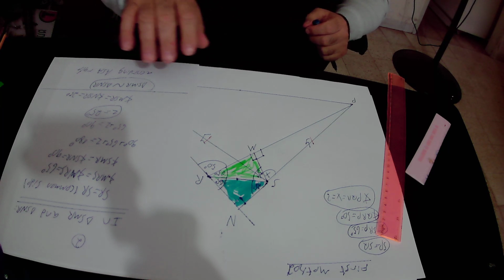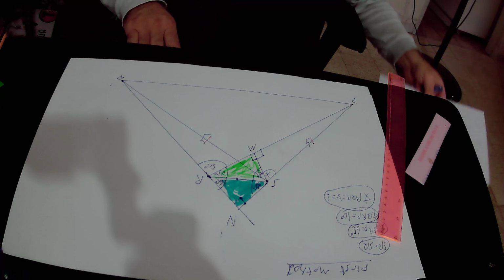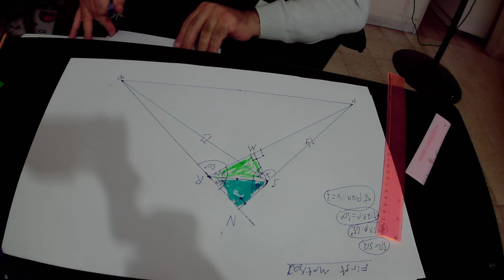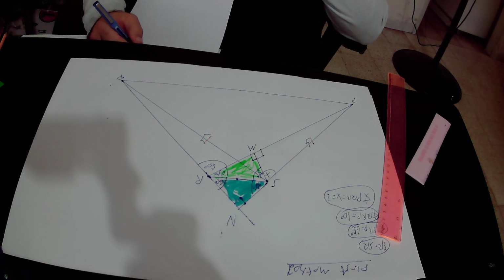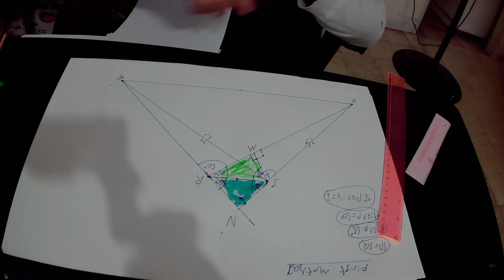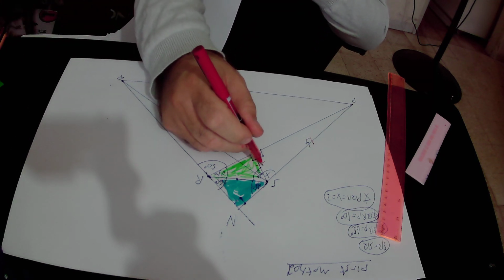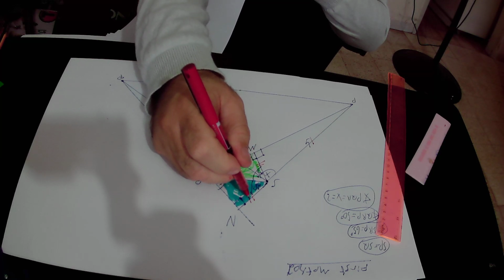So from the fact that the green triangle is congruent to the blue triangle, we can conclude that side SM in the green triangle is equal to side SN in the blue triangle.